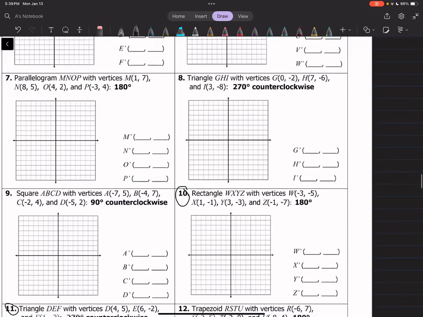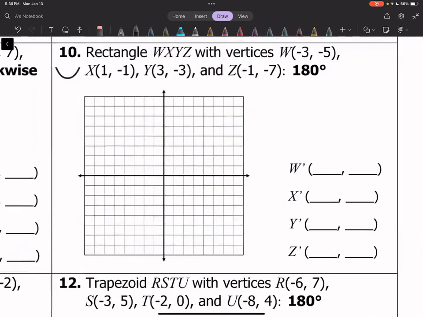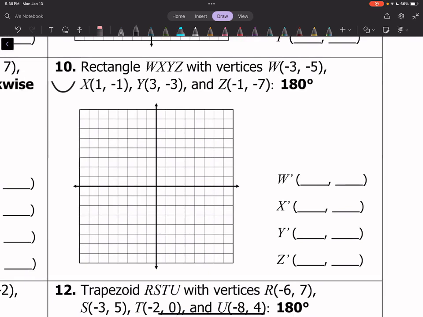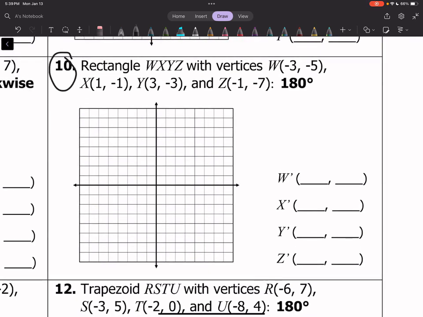Okay. Number 10. I'm rotating 180 degrees, so I'm going to be flipping the signs of both the x and y, but they're going to stay in the same order. So positive 3, positive 5, negative 1, positive 1, negative 3, positive 3, positive 1, positive 7.